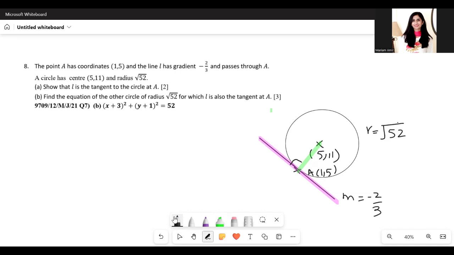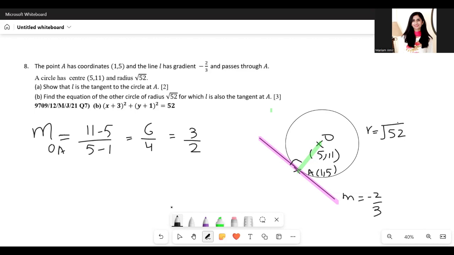Okay, so let's find the gradient of, let's call this point O, OA. y2 minus y1 over x2 minus x1. So that's going to be 6 upon 4, that's going to be 3 by 2.